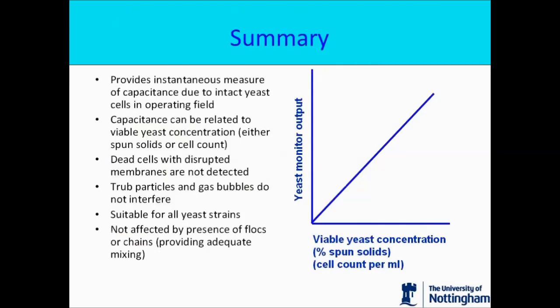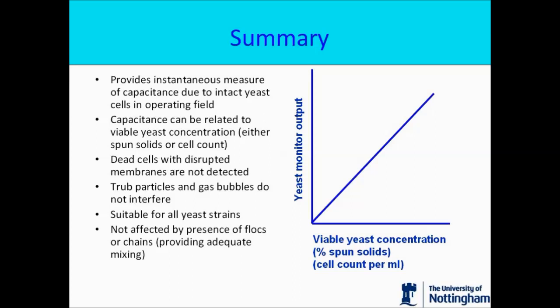So you can summarize that by saying that the instrument gives an instantaneous measure of capacitance that's a function of the intact yeast cells that are present within the operating field. And you can relate that to normal yeast concentration units, and you can choose whichever you wish.